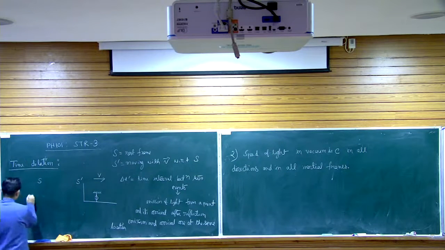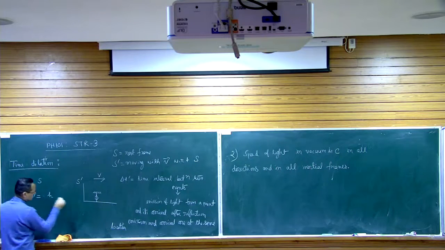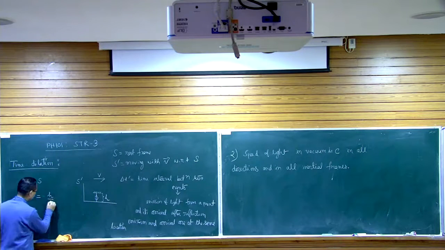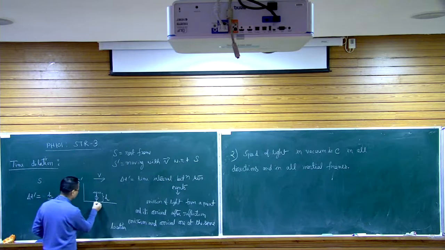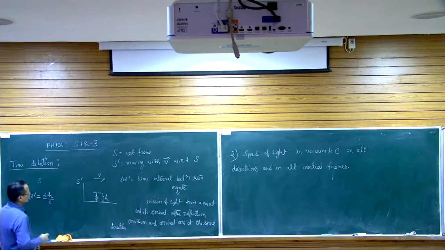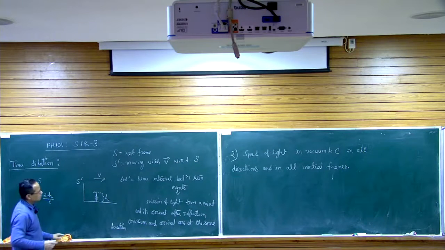So delta T prime has to be equal to, let's say this distance is equal to h. So h divided by c is the time taken by light to go from the floor to the roof, and then from roof to the floor will be another h by c. So it will be 2h by c. So this is as per the observer in S prime frame.